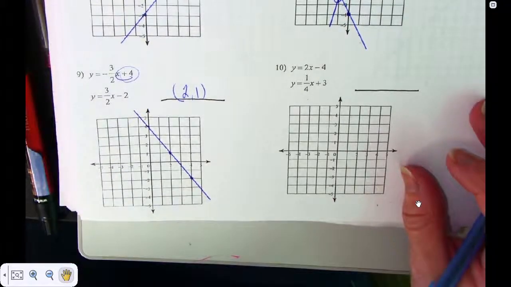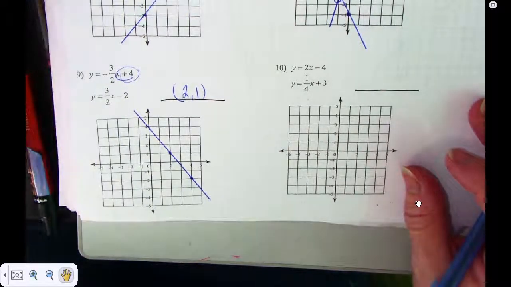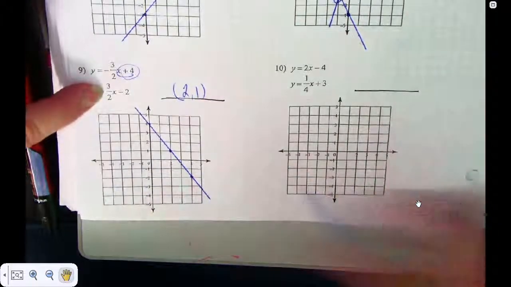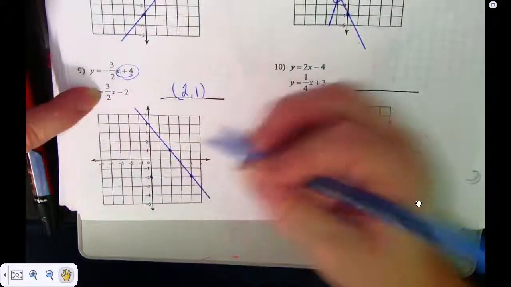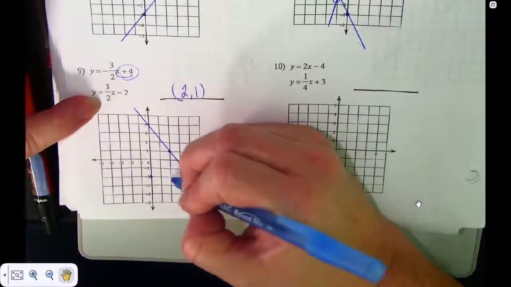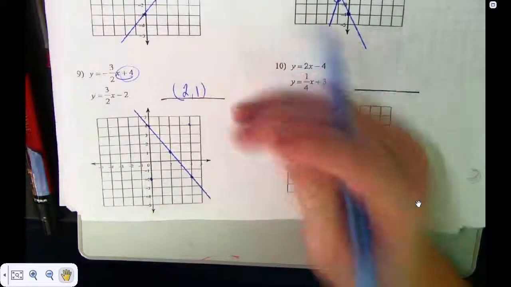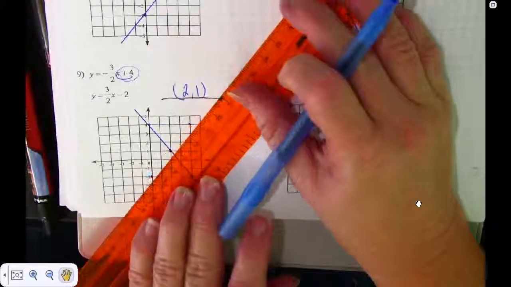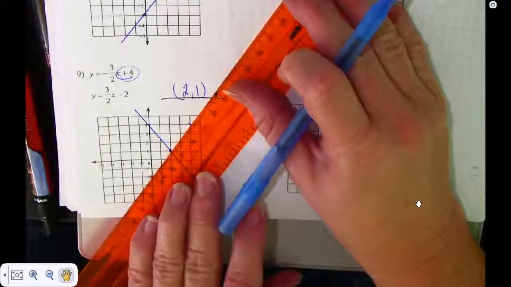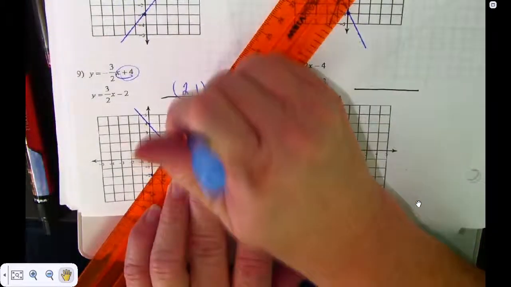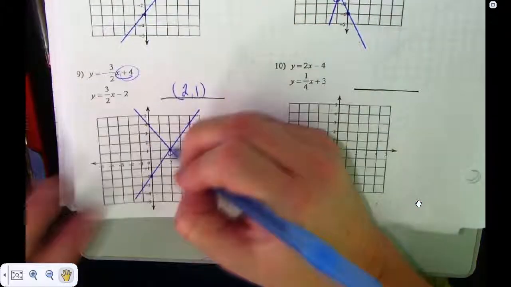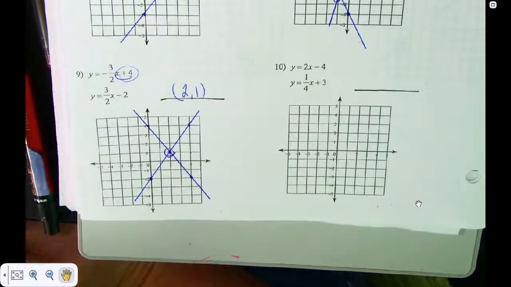Make sure you're using your straight edge, your ID. Don't just wing it, freehand it. Negative 2. I'm going to start at negative 2. I'm going to go over 2, up 3. Circle, there we go. 2, 1, you were correct.